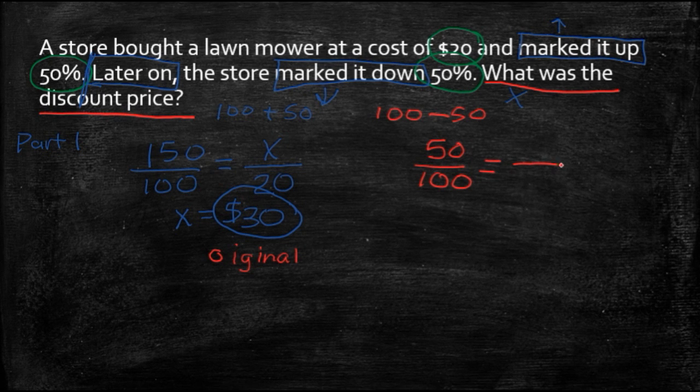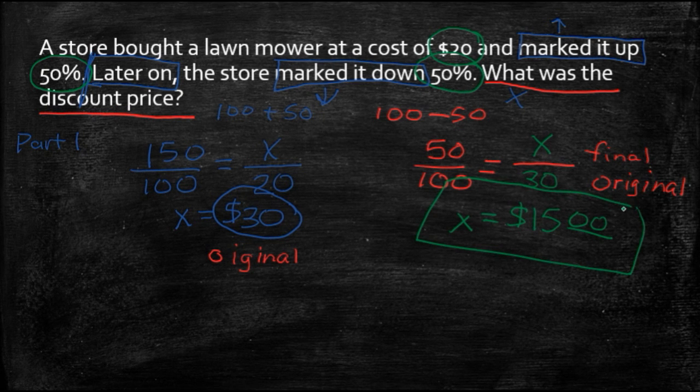And then now, because we have our final price and we have our original price, we know that our new original price was 30. So that's actually going to go here. So pause the video, solve for X, come back and check your answer. You should have got $15. So that is your final answer.